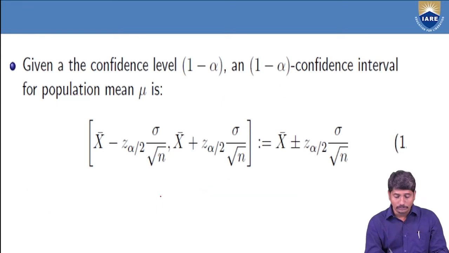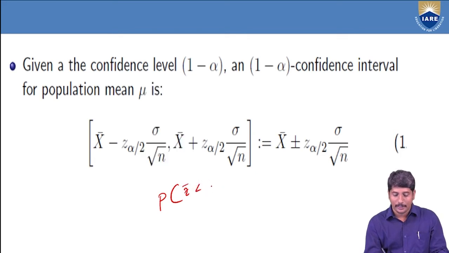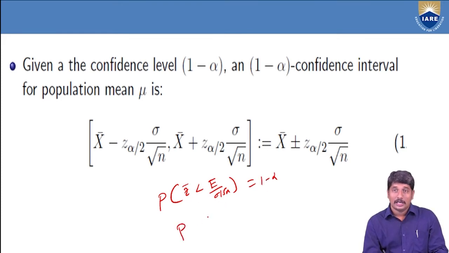Now, if we multiply on either side with sigma by root n, we get z bar into sigma by root n is less than e, with probability 1 minus alpha.